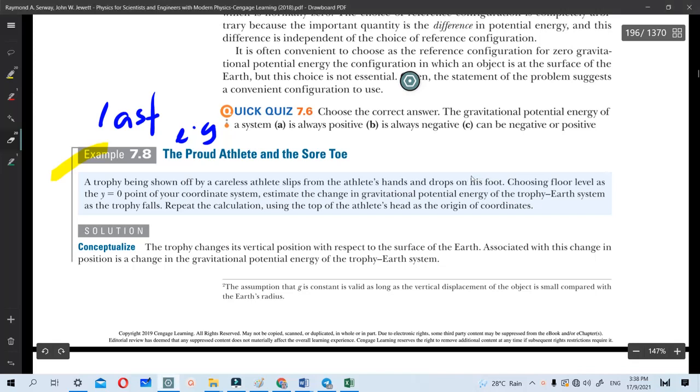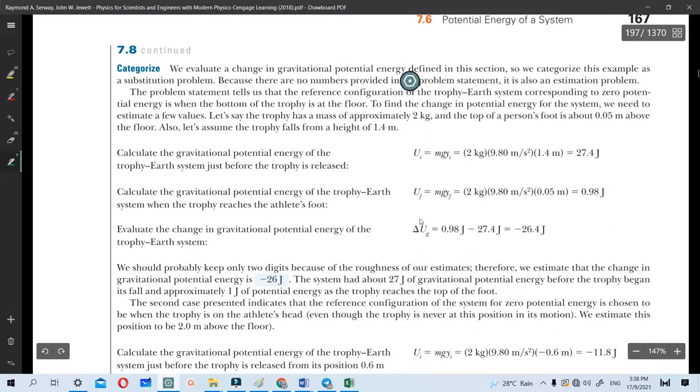drops onto his foot. Now, choosing the floor as y equivalent to 0, you have to estimate the change in the gravitational potential energy as the trophy falls down. Accordingly, we will find that change represents final minus initial.